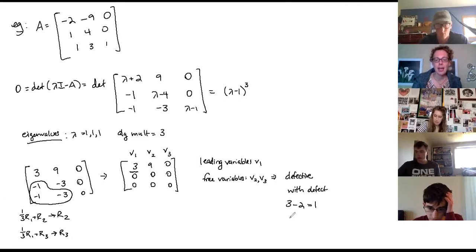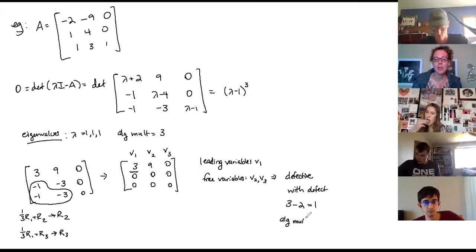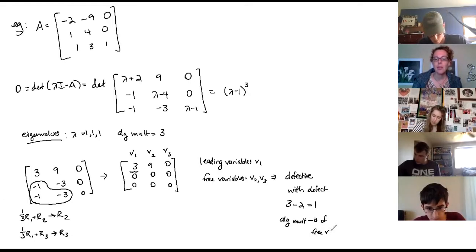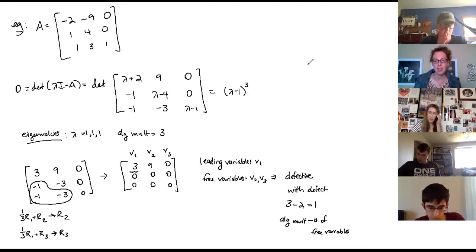Your defect is the algebraic multiplicity minus the number of free variables. So this one is defective with defect 1.